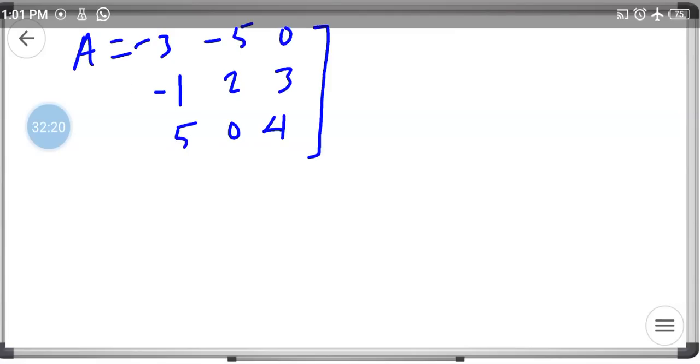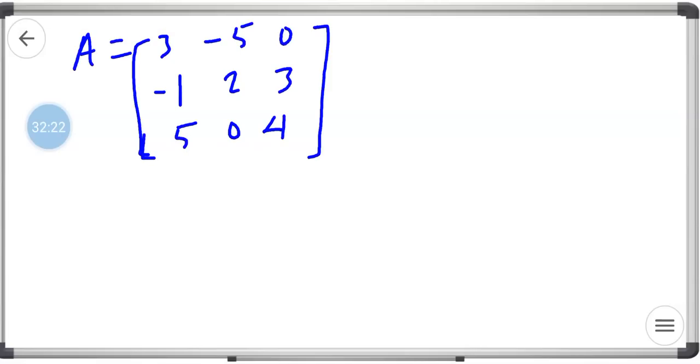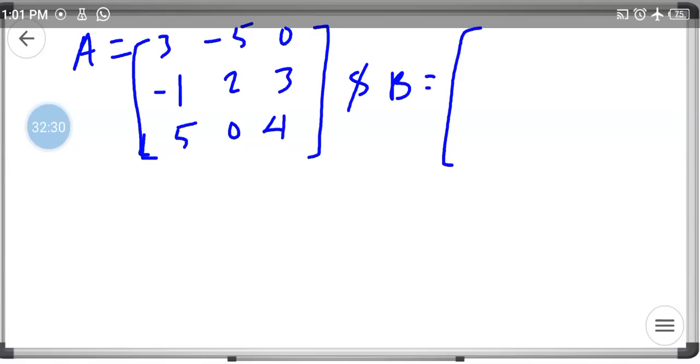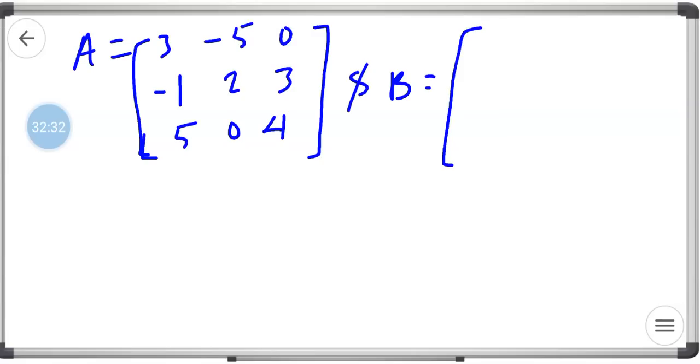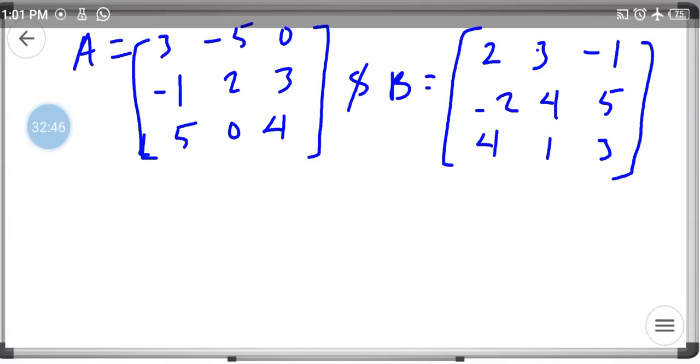That's our matrix A. And matrix B equals 2, 3, -1 in the first row, -2, 4, 5 in the second row, and 4, 1, 3 in the third row. Now we have matrix B.